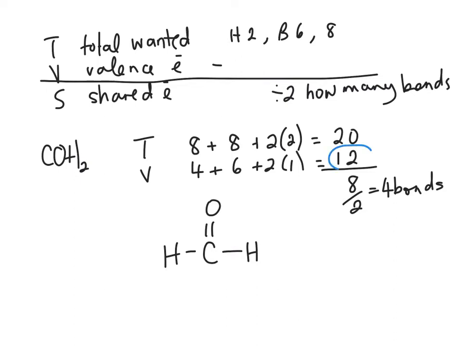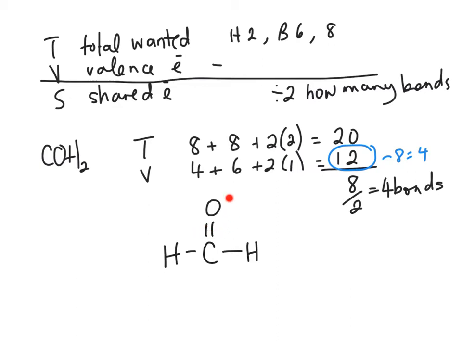valence electrons. We have 12 to place. We've placed 8, 2 in each bond. So 12 minus 8 is 4. We have 4 electrons left to place. If we look at this structure, hydrogen's happy, it's satisfied. Carbon is satisfied, and that comes through the bonding for carbon.